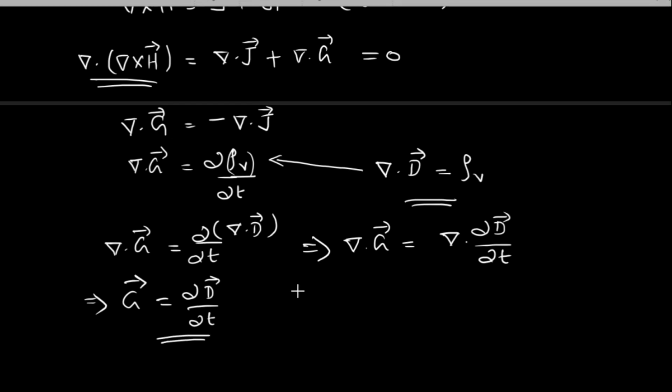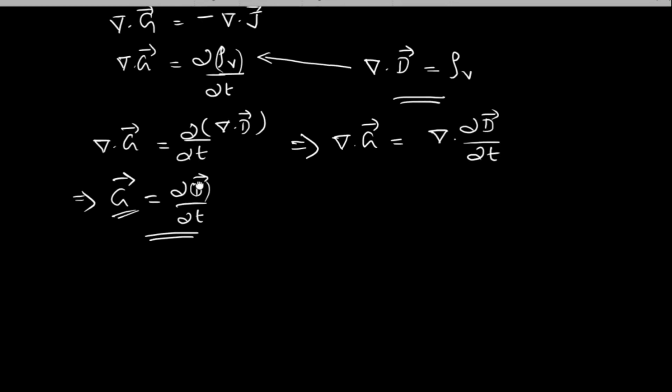See, Maxwell defined a new term, the unknown fellow, as G. And now what is G? G is partial D by partial t, that is, the partial differential of flux density with respect to time, the rate of change of D with respect to time. So now I know what G is. What is my next duty?